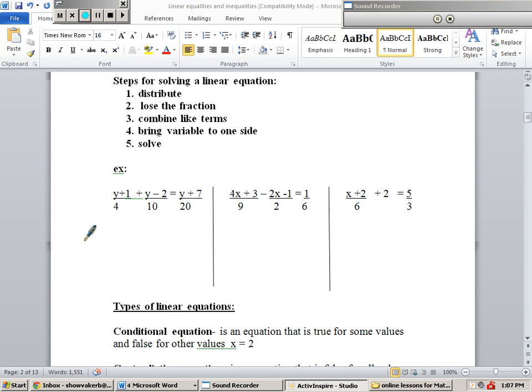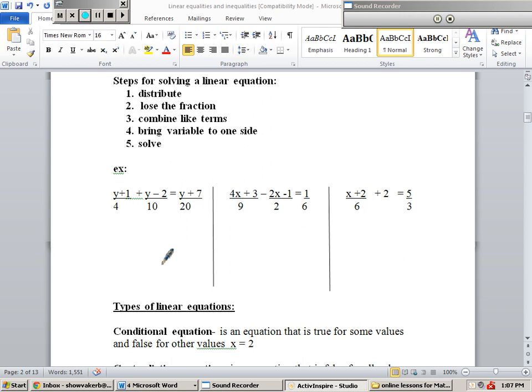Once I do that, it takes away the denominator, so I don't need it anymore. So I get 5y plus 5 plus 2y minus 4 equals y plus 7. Now I do not have a fraction anymore, so I don't have to deal with them. On this side, 5y plus 2y is 7y. 5 minus 4 is 1. Y plus 7. Combine like terms.